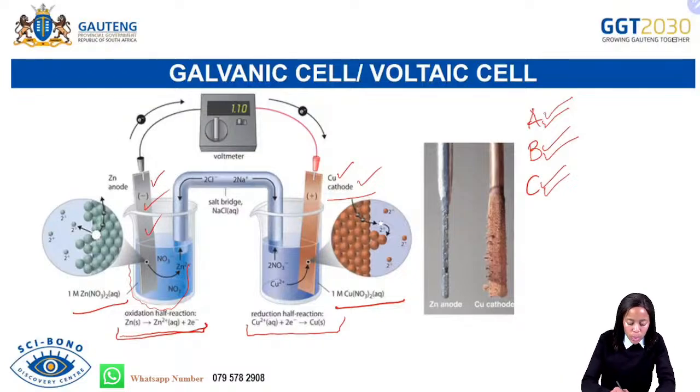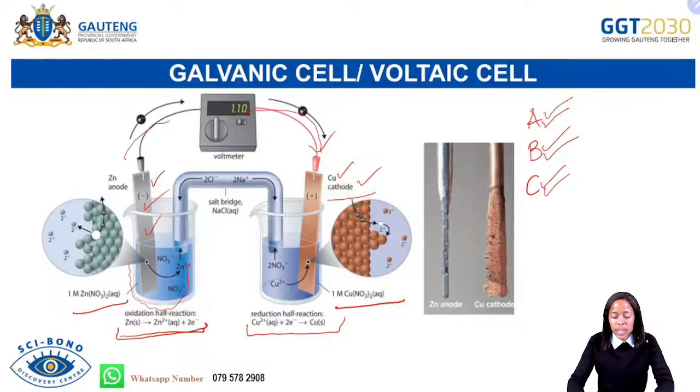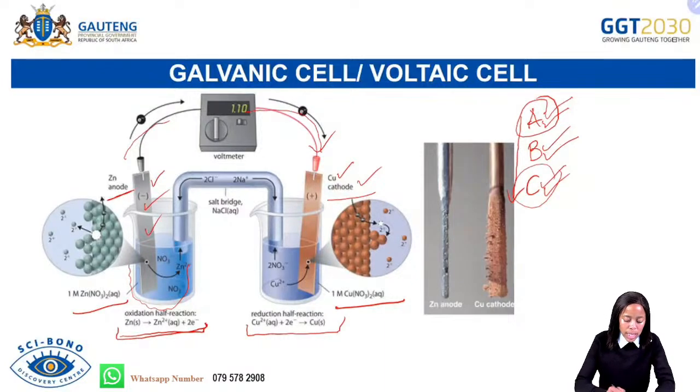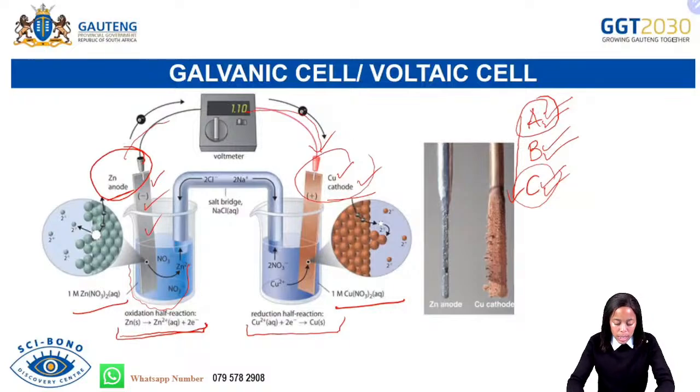And then again, we have the movement of electrons. Electrons are going to be moving from the anode all the way to the cathode. In this case, our anode is the zinc and our cathode is the copper.